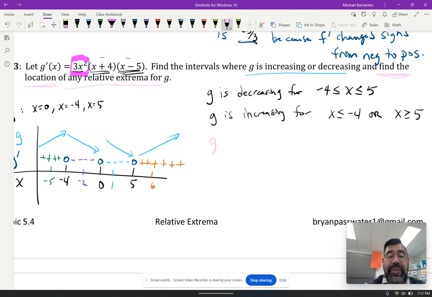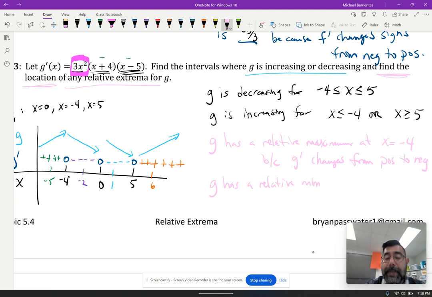So we're going to say g has a relative maximum at x equals -4 because g prime changes from positive to negative, and g has a relative minimum at x equals 5 because g prime changes from negative to positive.